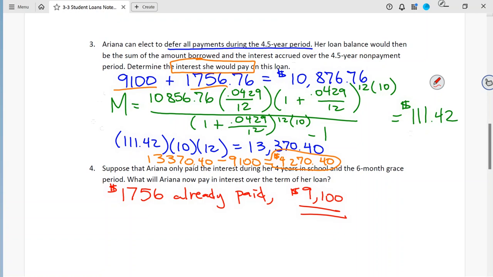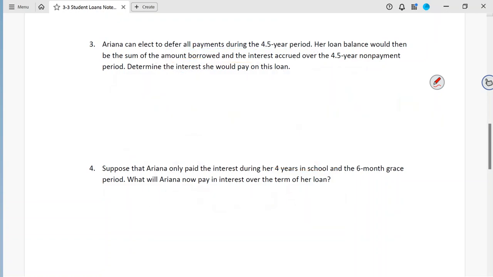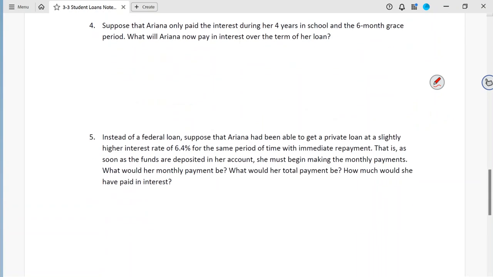Okay, I'm going to erase and scroll up so I have a bit more room. Again, keep in mind that she has already paid $1,756.76. And now she's paying on the loan amount. She owes, let's say, $9,100.